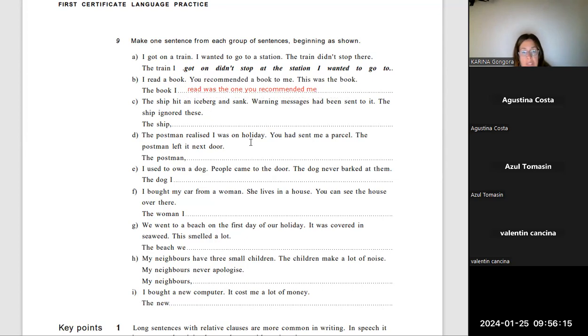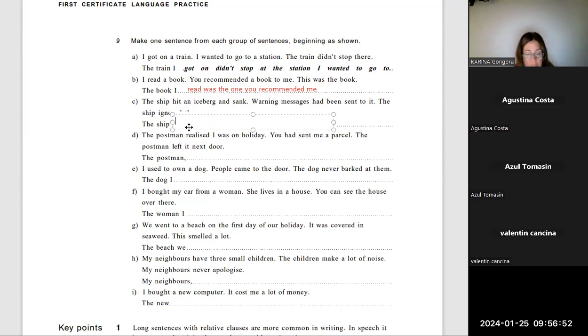The ship hit an iceberg and sank. Not "sank us." Just sank. The ship, which had ignored the warning messages sent to it, hit an iceberg and sank. Yes? Okay.